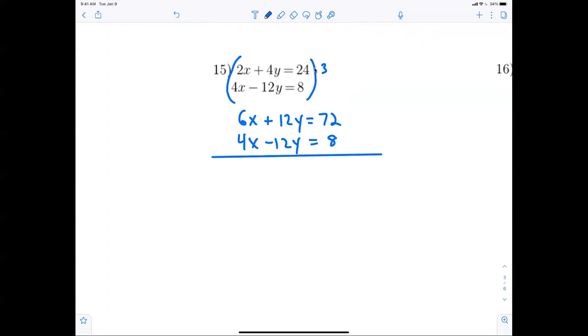And then 10x equals 60, 72 plus 8, oh okay, 80. So x equals 8. Good job.